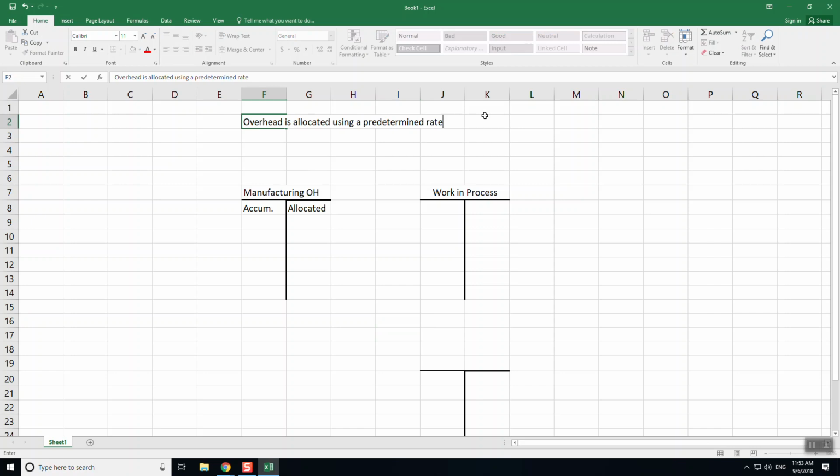I'll pause there. That's your overhead rate, a rate that you come up with to take overhead out of the overhead account and put it into each job, basically. And on a higher, cumulative level, you're actually increasing the work in process account.